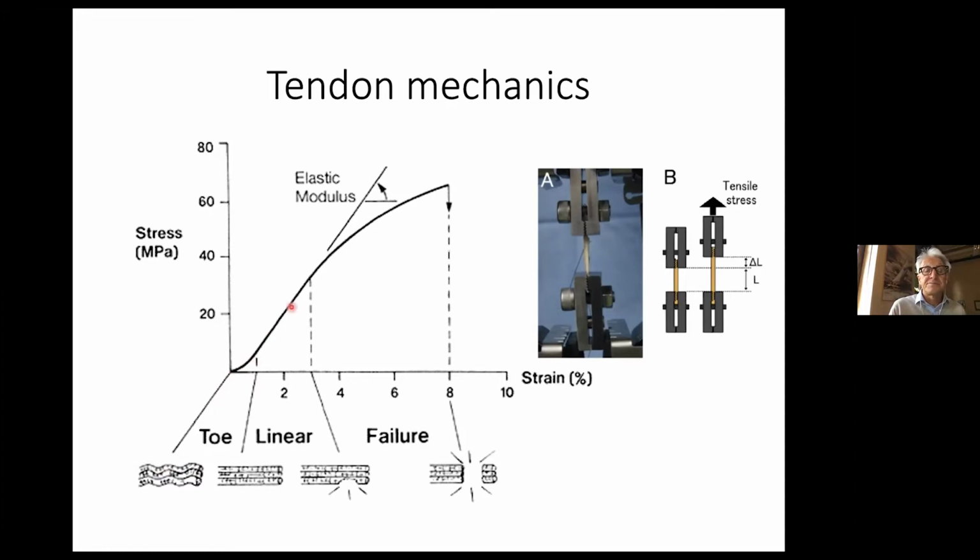The linear region is where the tendon behaves elastically, and once in this region, the tendon collagen fibers are stretched, but they are not damaged. If we stretch a tendon beyond 4 to 5% of its length, then the collagen fibers start breaking up, and we move away from linearity. And if we keep stretching the tendon, then the tendon fails, as shown here.